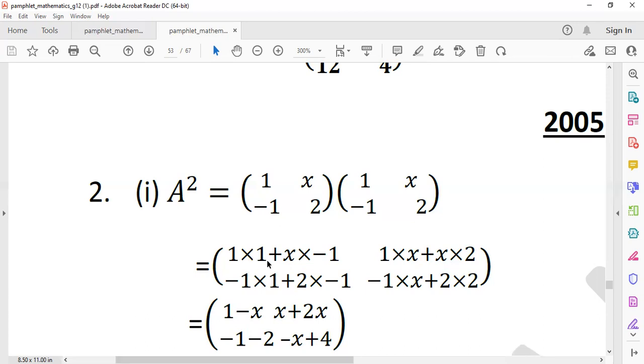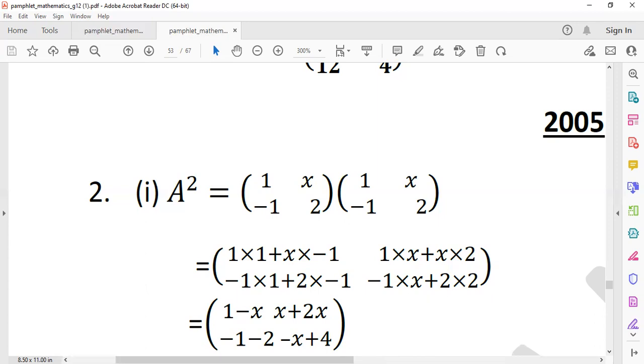So we know that 1 by 1 is just 1. x by negative 1, negative x. Then 1 by x is just x. x by 2, 2x. Negative 1 by 1, negative 1. 2 by negative 1, that's negative 2. Negative 1 by x, negative x.